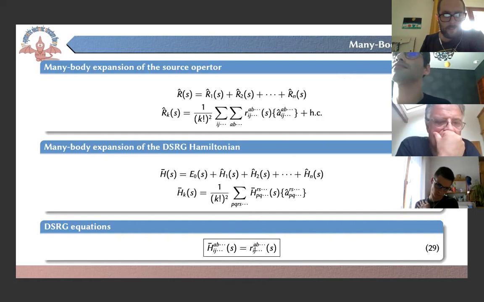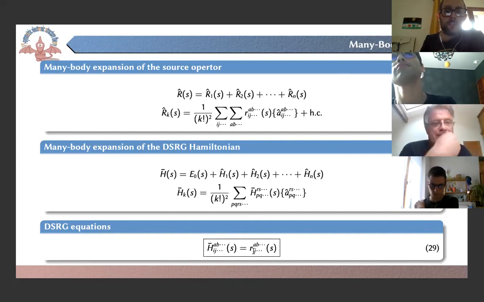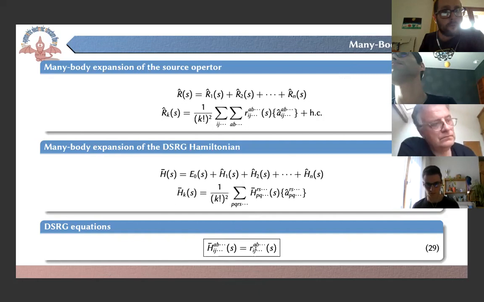So if you want to solve those equations, you need two things. You need to be able to compute those H bar, and you need to be able to compute those source terms that you actually don't know a priori.